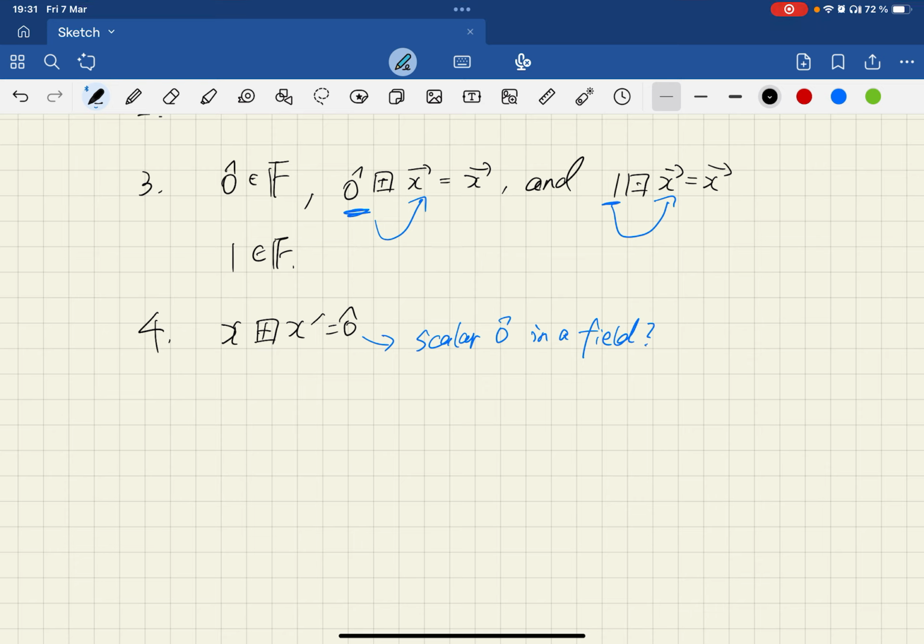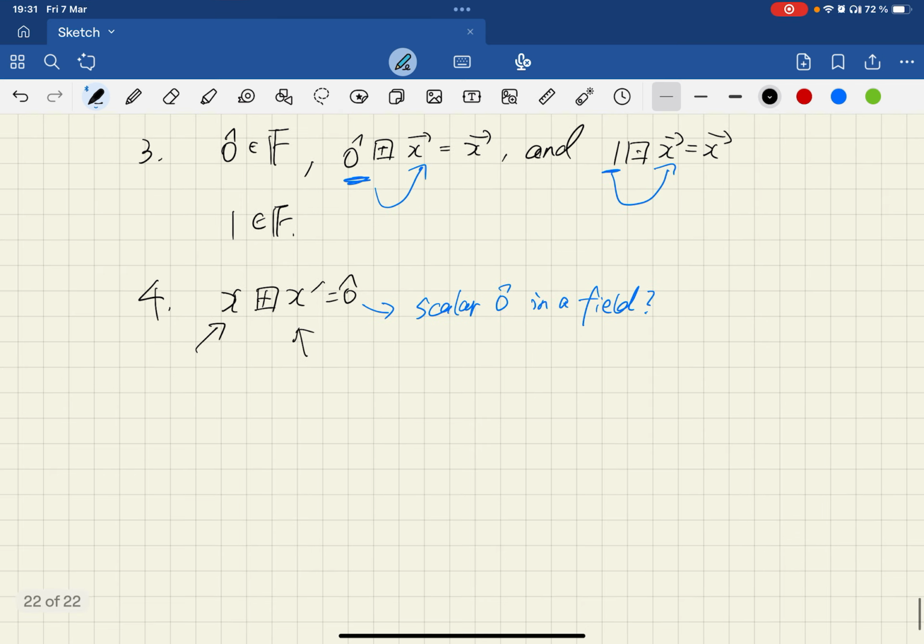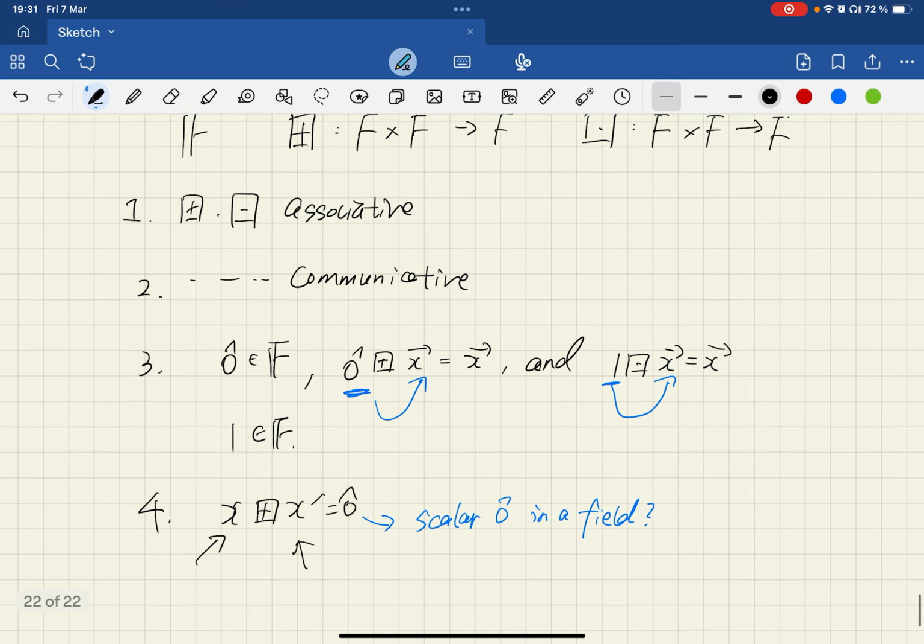There's not always this case. But what we can have is that for every x, we have its additive inverse to make them add together to be the additive identity.